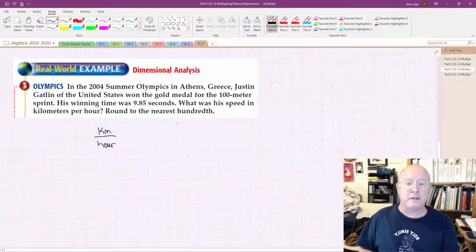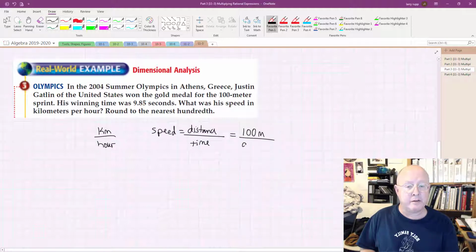Well, what's speed? Speed is distance per time. Well, the distance we have is 100 meters, and the time we have is 9.85 seconds. So we need to take 100 meters over 9.85 seconds and convert that into kilometers per hour.